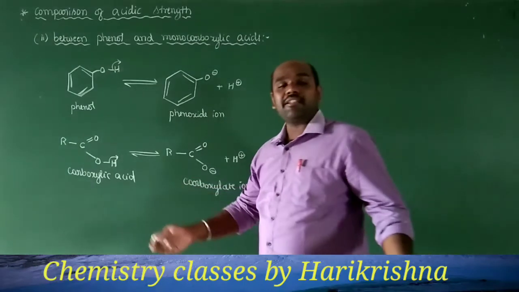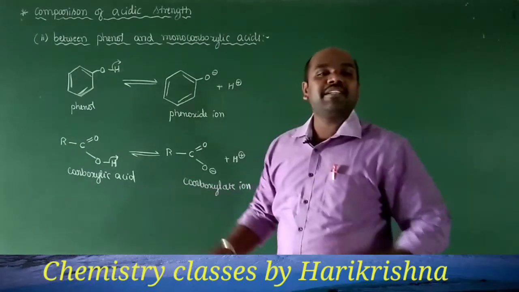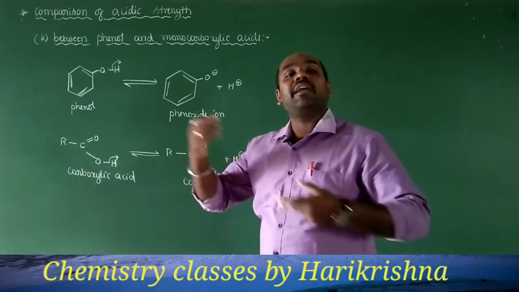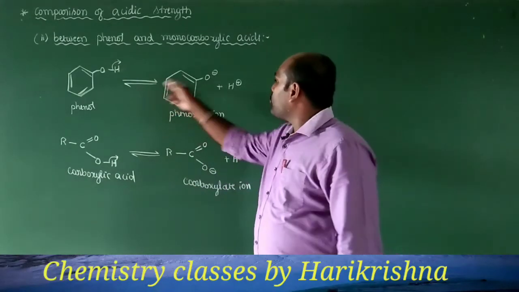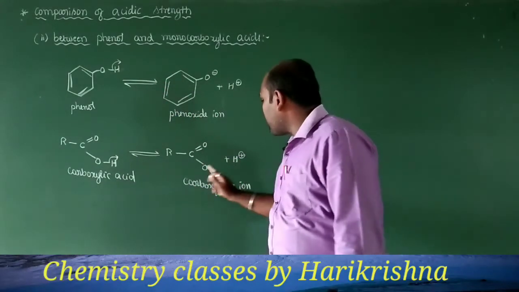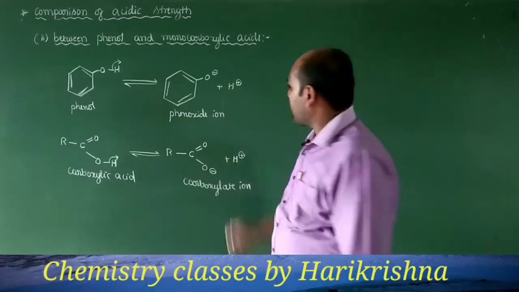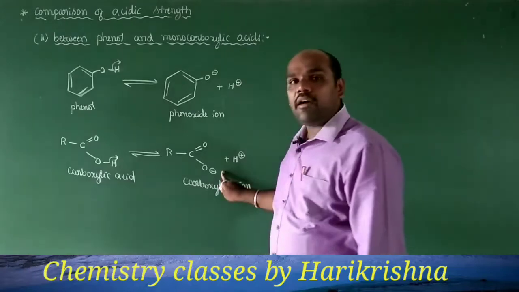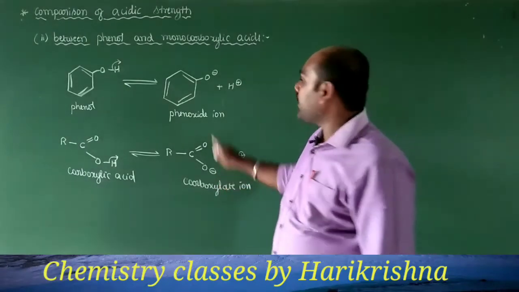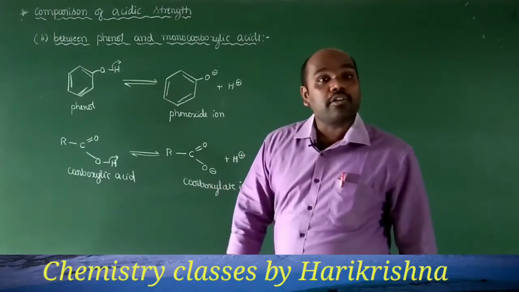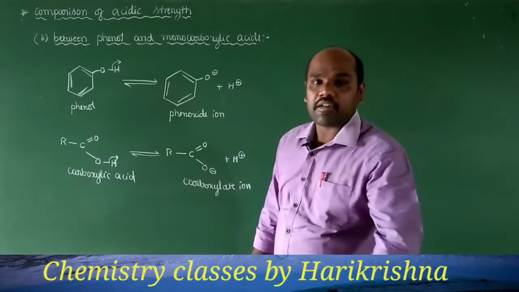Then how to predict which one is more stable and which one is less stable, so as to say which one can produce H plus ion faster compared to the other? The answer to this question is that carboxylate ion will form faster in comparison with phenoxide ion.